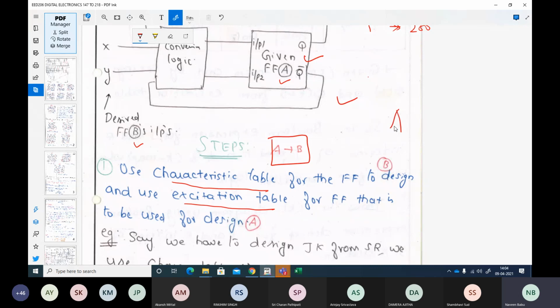If you are converting from A to B, you need the characteristic table of B and the excitation table of A.